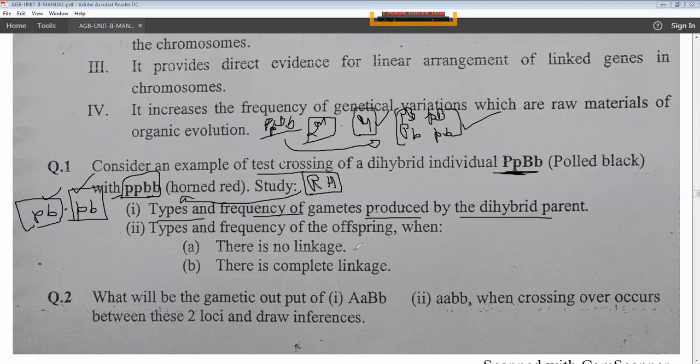If there is no linkage, or if there is complete linkage. In the case of no linkage, I had told you the parental form will be equal to the recombinant form. So these 4 kinds of gametes will be produced in equal proportion.